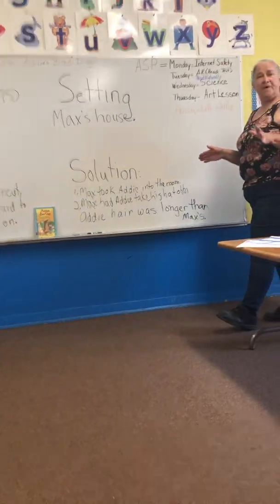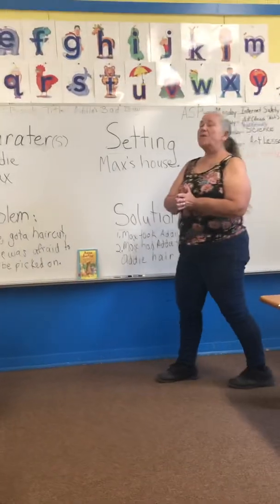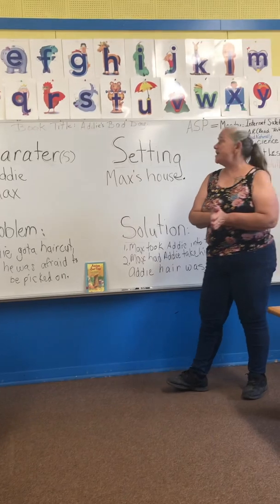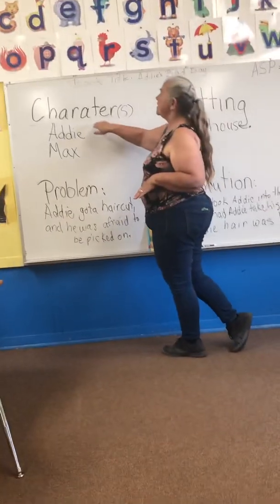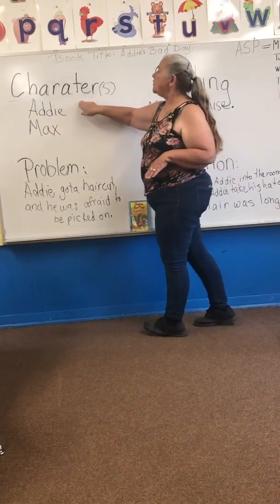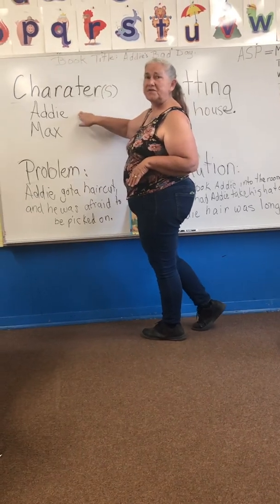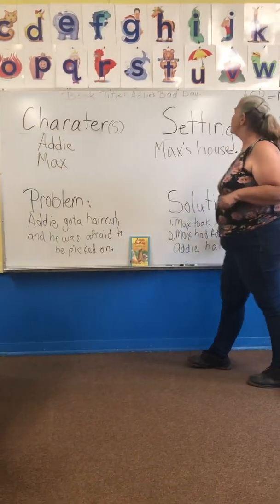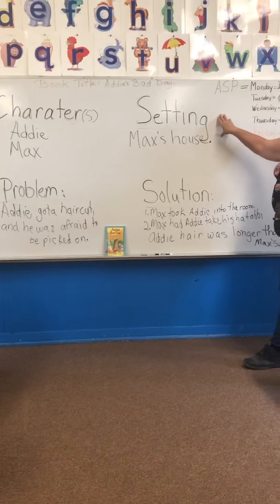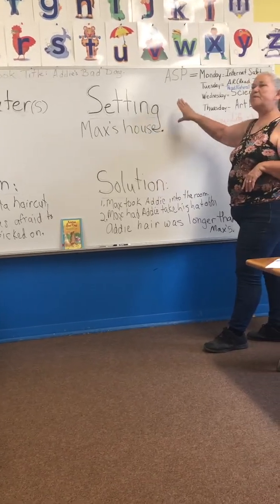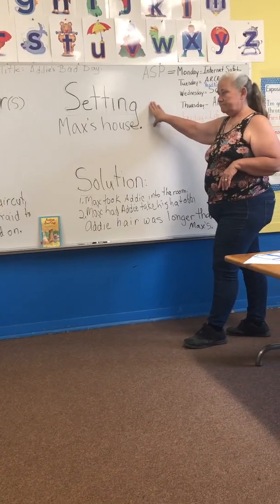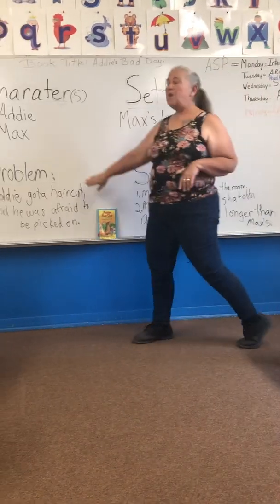So when we read a book, we are going to retell the story. We are going to tell characters. Who is a part of that book? There can be 1, 2, 3, or more. Where is the setting? Where is the story being told from? Problem.